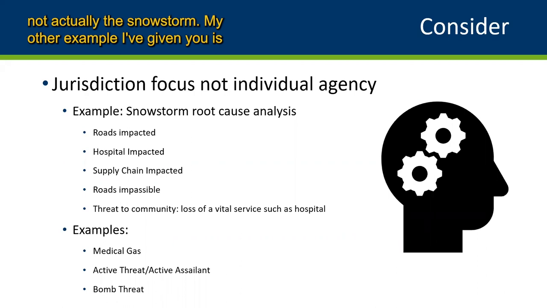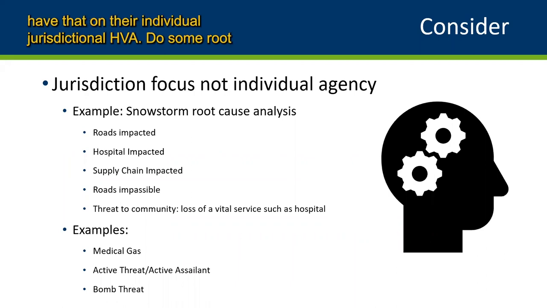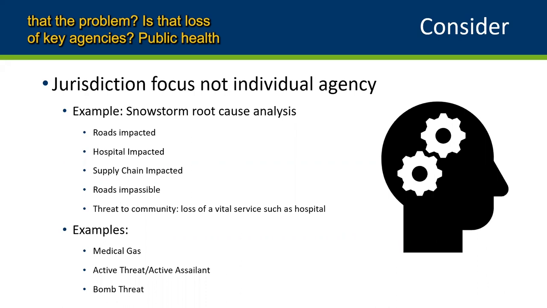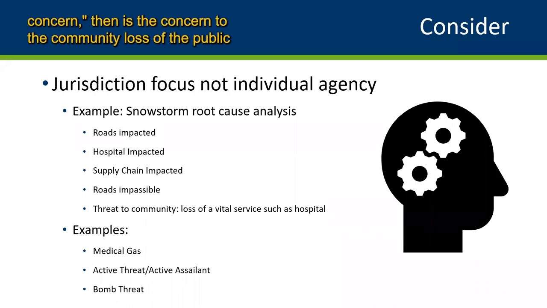My other example I've given you is medical gas. If 6 hospitals have medical gas failure on their risk assessment or their vulnerability assessment, is there a regional risk of medical gas failure? And the same is true with active threat and active assailant. Lots of people have that on their individual jurisdictional HVA. Do some root cause analysis and understand, is it actually the medical surge that's the problem? Is it loss of key agencies? Public health says active threat or active assailant at our facility is our concern.